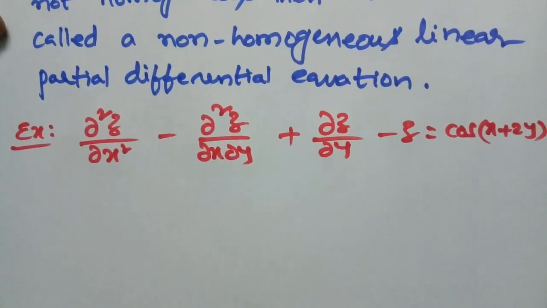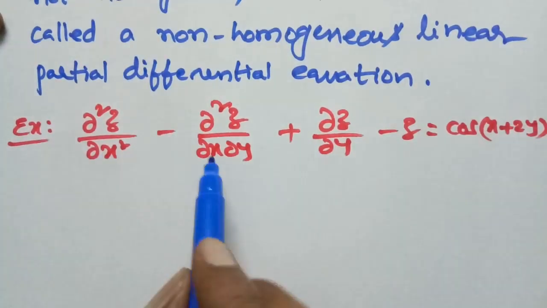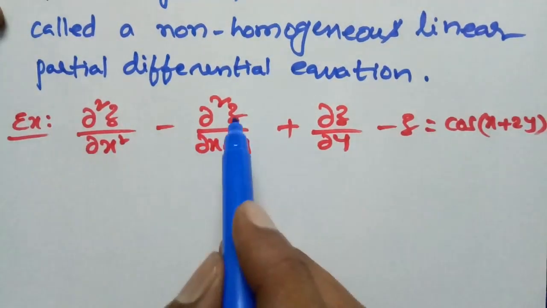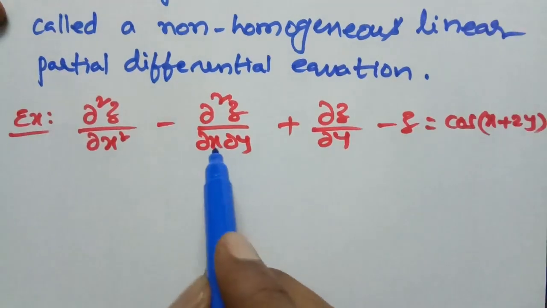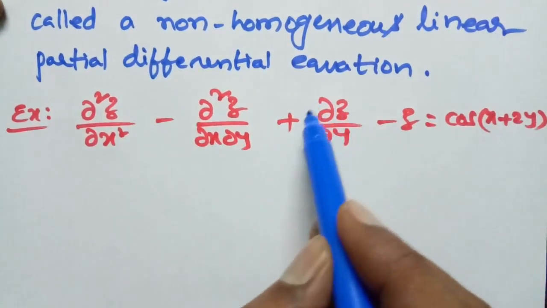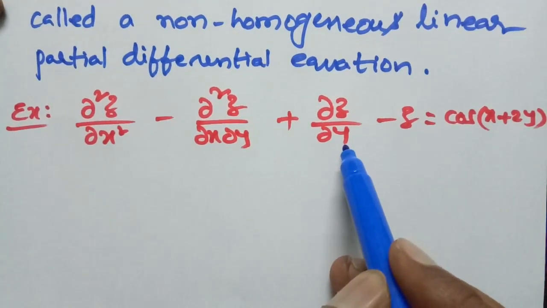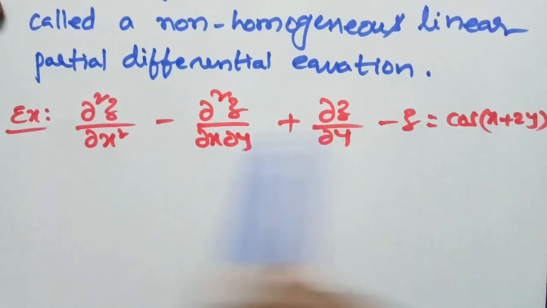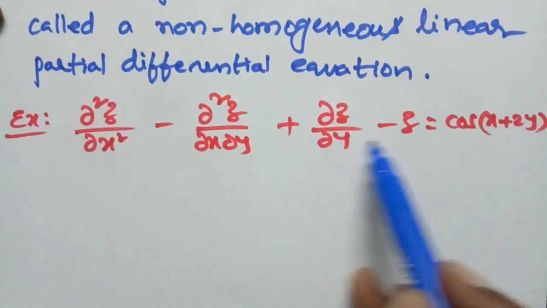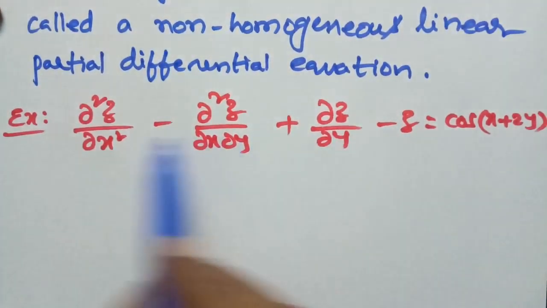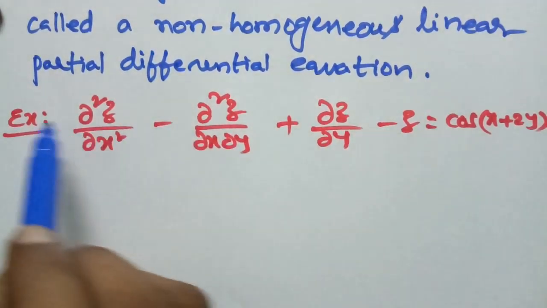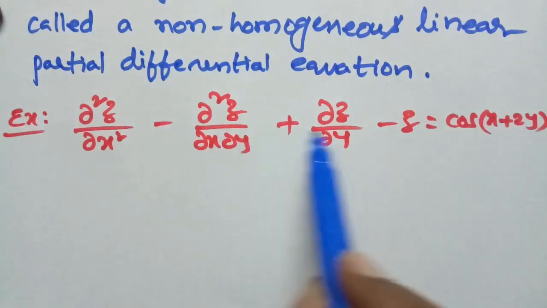Here, if you observe, this is a second order partial derivative with respect to x. This is also a second order partial derivative with respect to x and y. This is a first order partial derivative with respect to y. Here there is no derivative. So there is no homogeneity in the order of the partial derivatives.